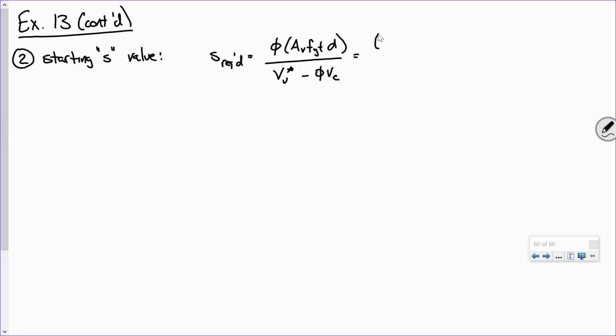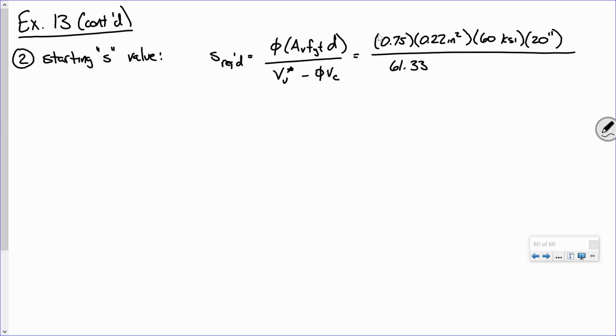What's phi? And then 0.22, 60 KSI. D is 20 inches. 20 inches. And then we're looking at that first value on the shear diagram, so we use the 61.333 minus, what's PVC? We already computed that.